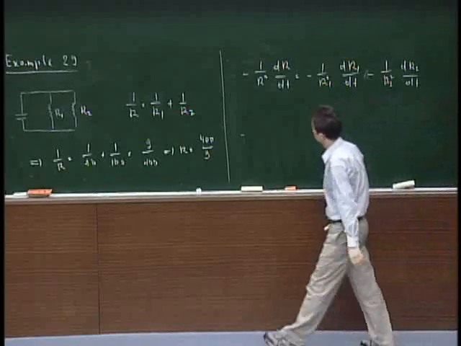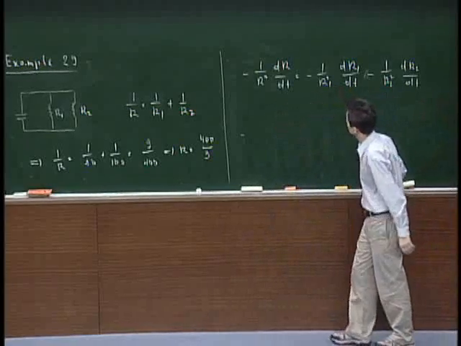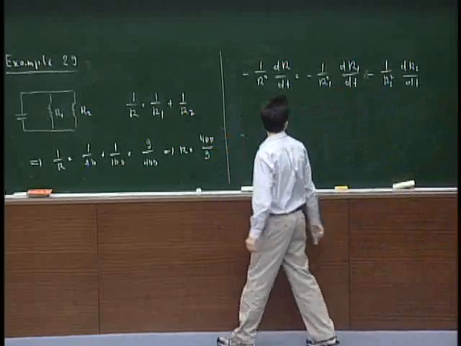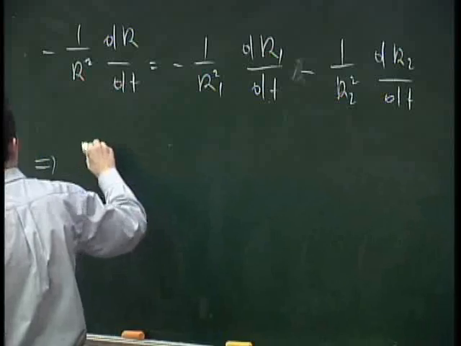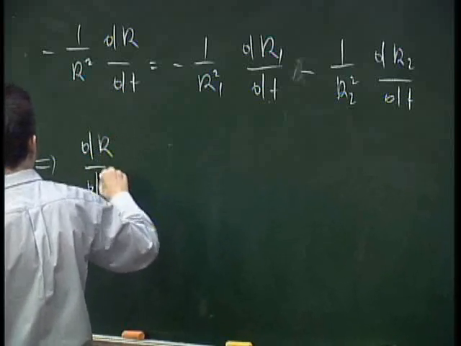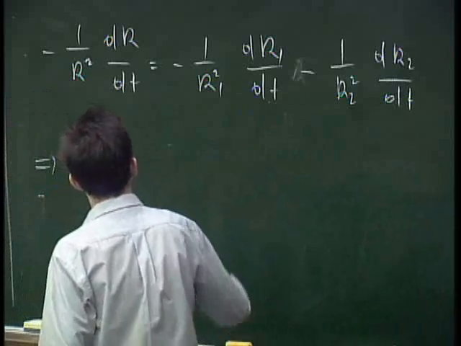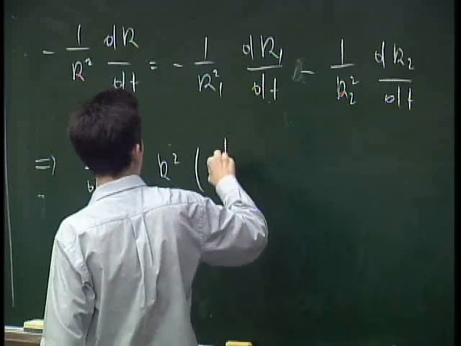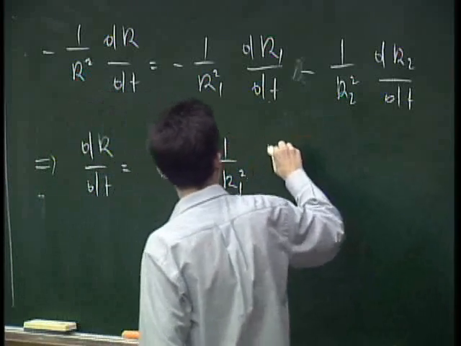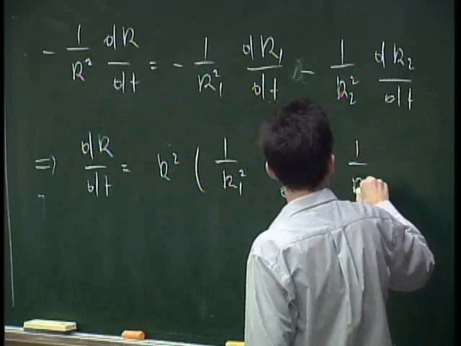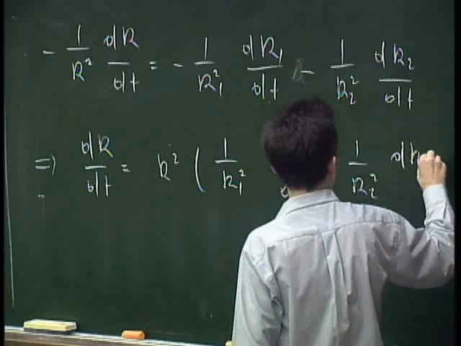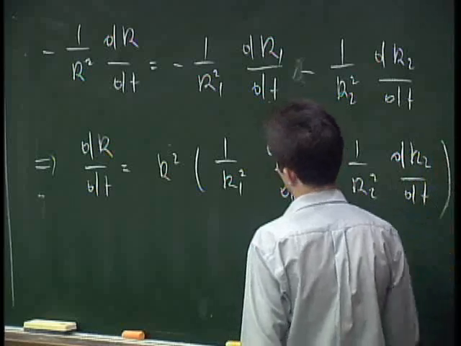Now, all those quantities we have, so this is 80, this is 100, the R here is given here, and we also have this quantity and this quantity, so we just solve for the unknown rate of change. And for this one, we have R squared times 1 over R1 squared dR1 over dt plus 1 over R2 squared dR2 over dt.